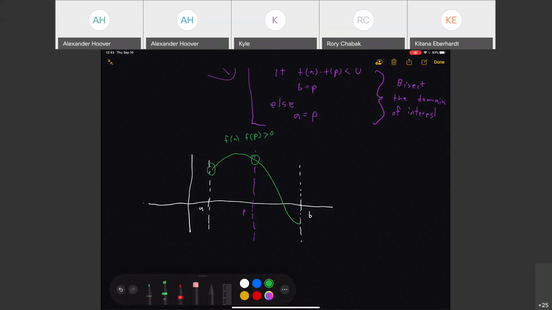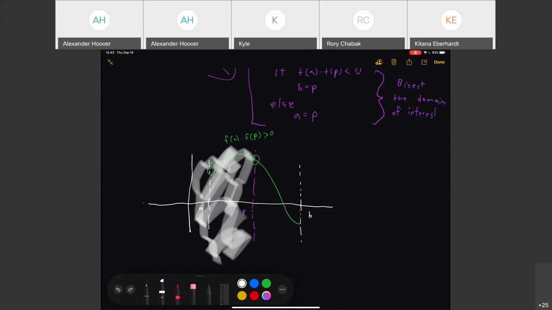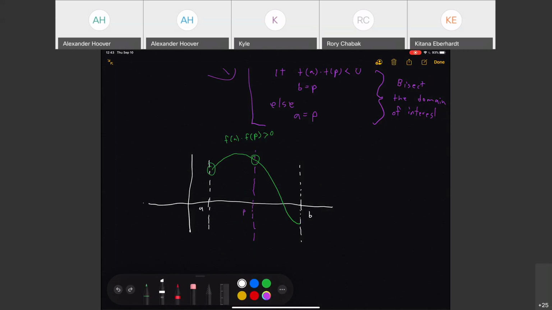We just don't care about this part of the domain. Maybe that's a little bit too much white, so let me see if I can get a little lighter of that.